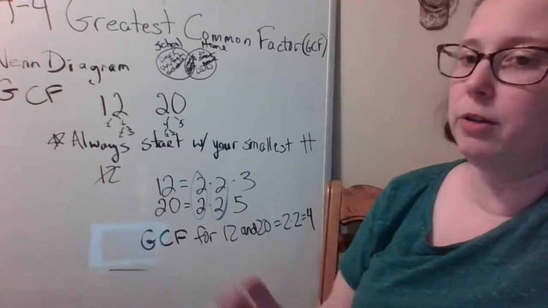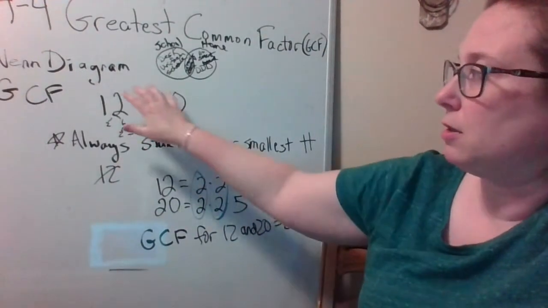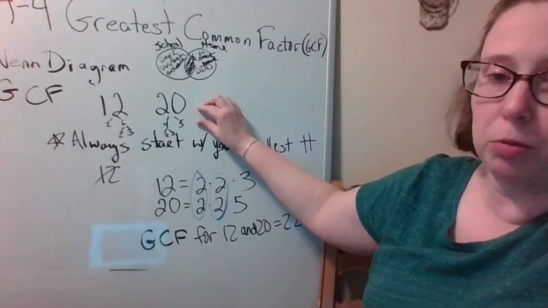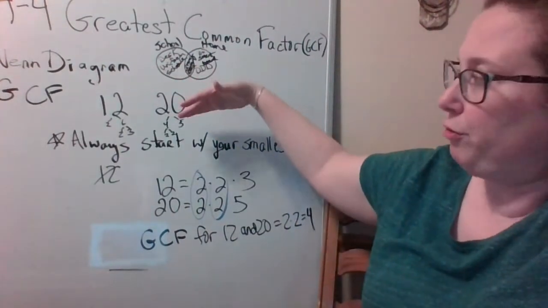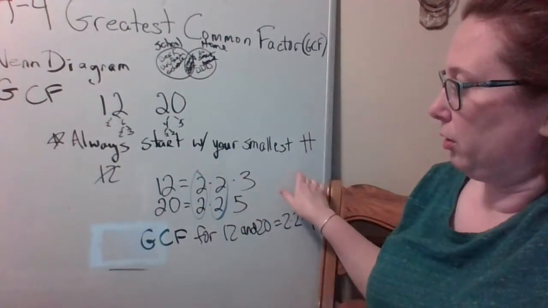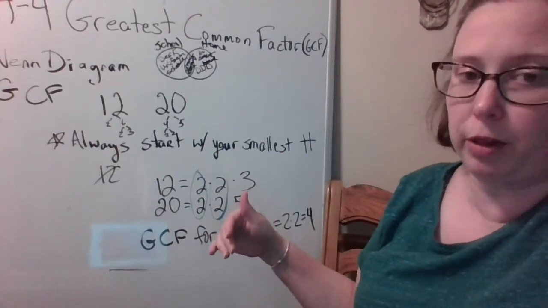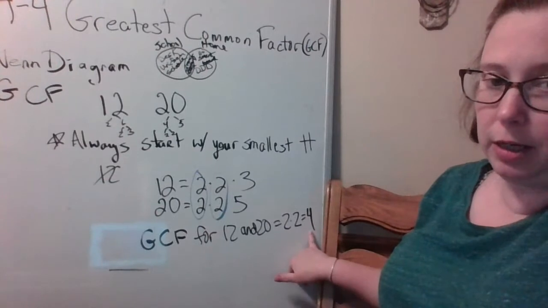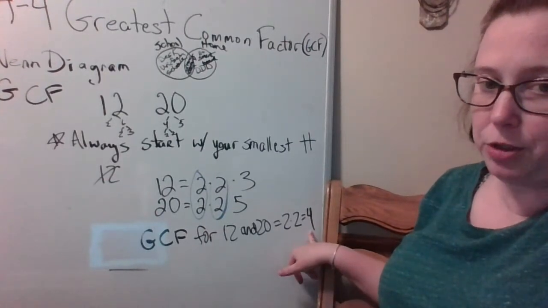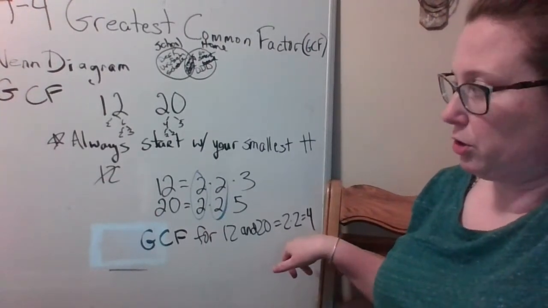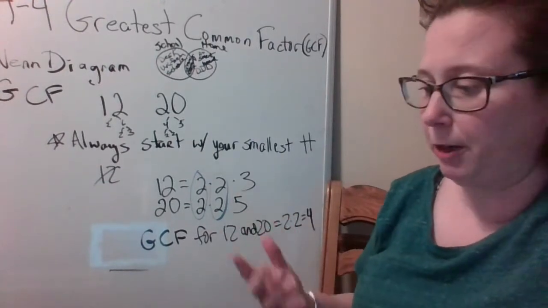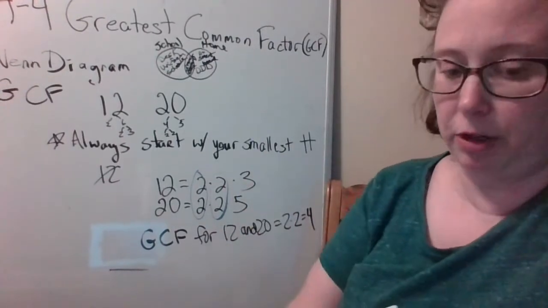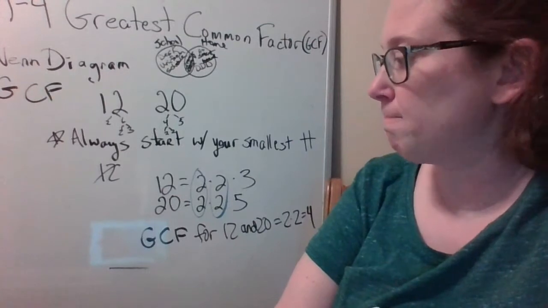If you can't, though, this is a method that will work every time. You factor tree, set up your lists, figure out what's on both lists, and then you multiply everything that's on both lists, and it gives you your greatest common factor for your 2 numbers, or your 3 numbers if you have 3. So I'm going to erase this, and I'll be right back with you.